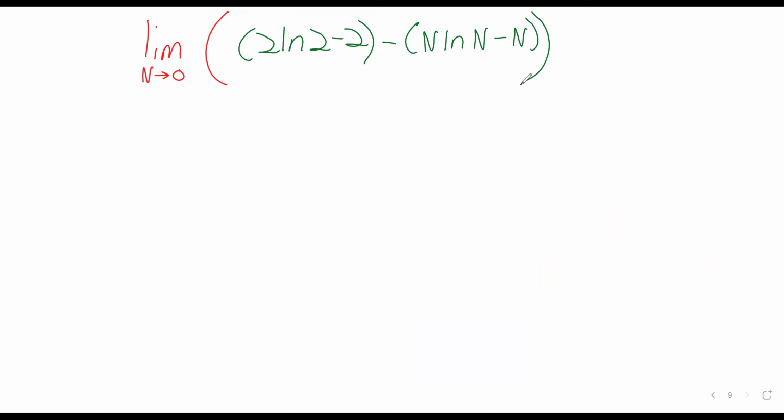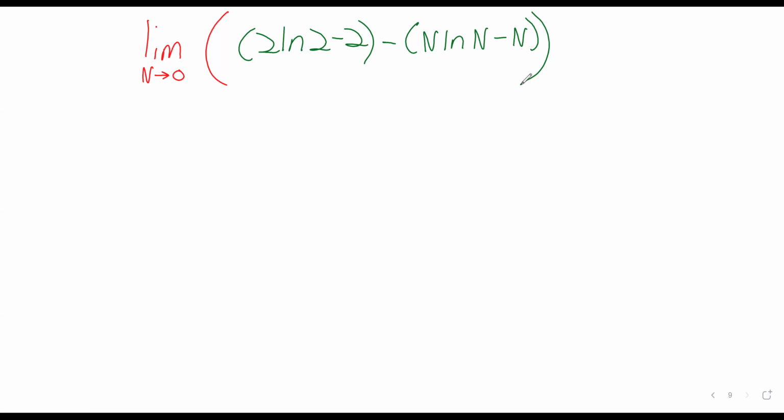Well, as n goes to 0, it's actually not totally clear what happens. I'm going to just use Desmos, rather than the alternative, which is to somehow rewrite this as a quotient and then hit it with L'Hopital's rule.